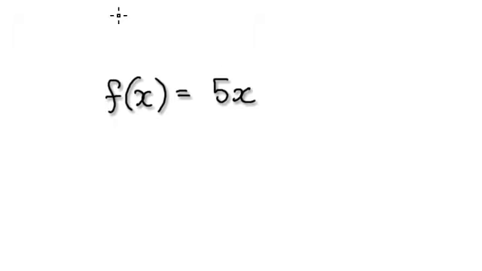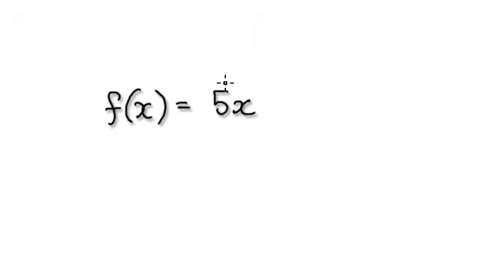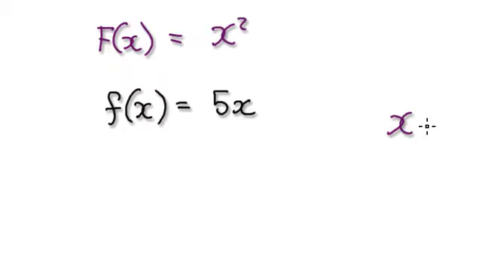Okay, so what is the antiderivative of this? You're trying to come up with a function where, when you differentiate it, it will give you 5x. To do this, let's just make a guess. Let's guess x squared. But when you differentiate x squared, it will give you 2x, and you want the 5x, not the 2x.